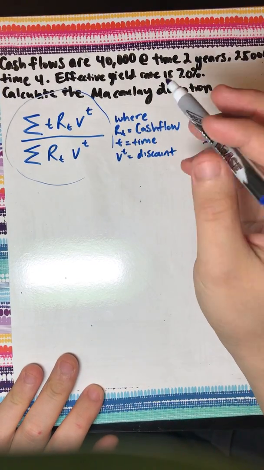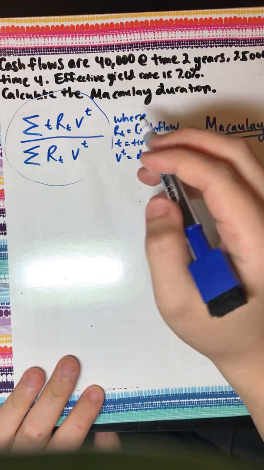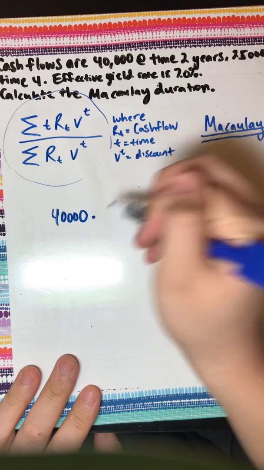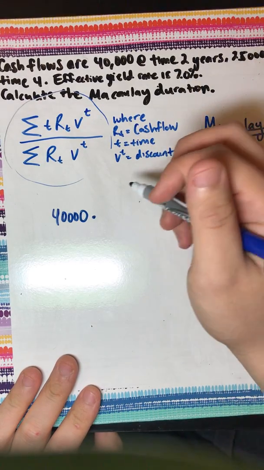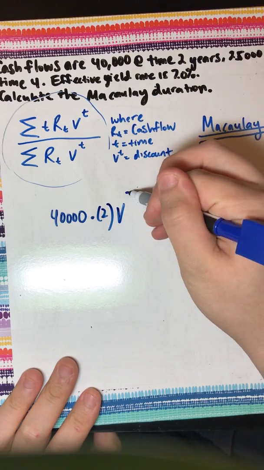We have that the first cash flow is 40,000, so that's 40,000 times t, which is 2 years, v^2.